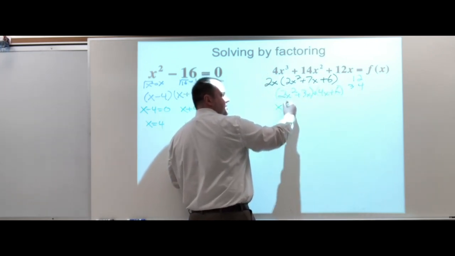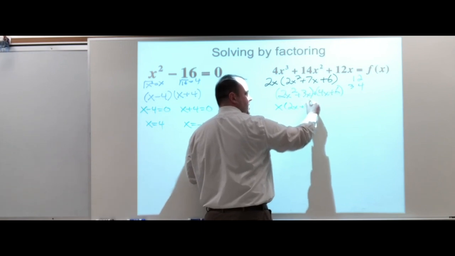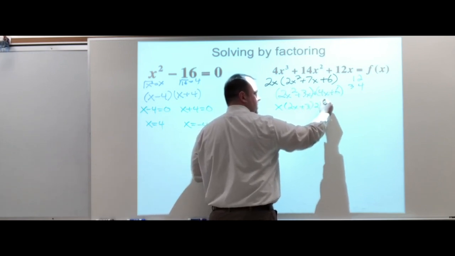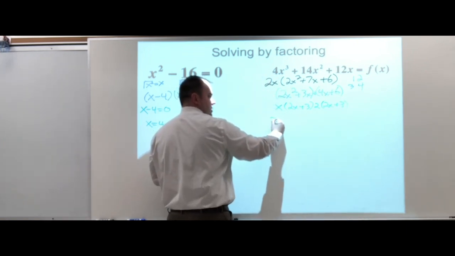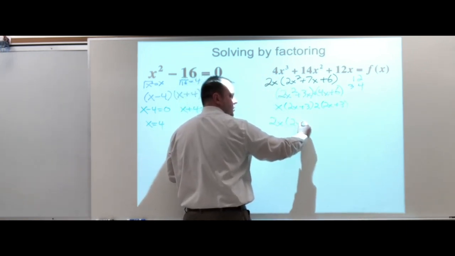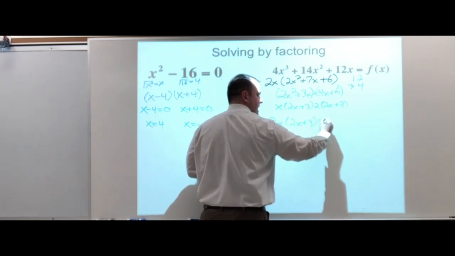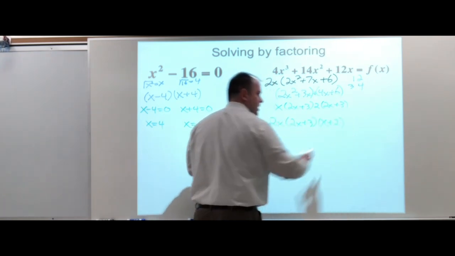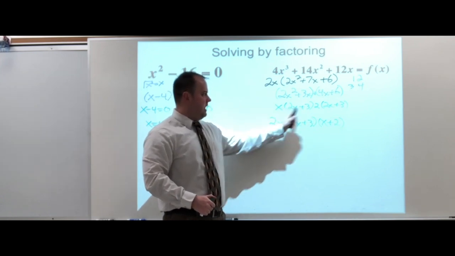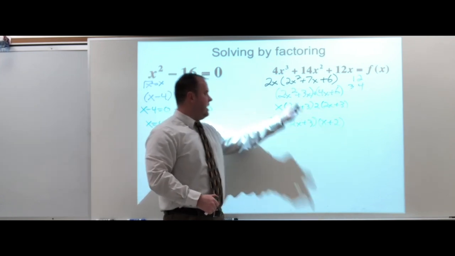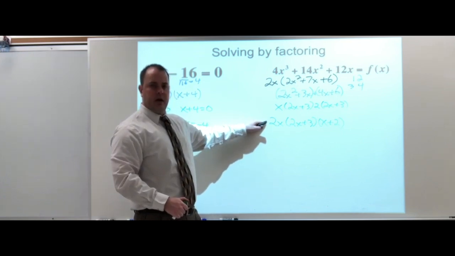Take out an x, gives you 2x plus 3. Take out a 2, gives you 2x plus 3. 2x, 2x plus 3, and x plus 2. So there it is, factored completely.